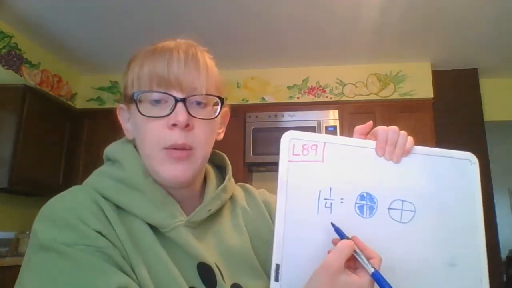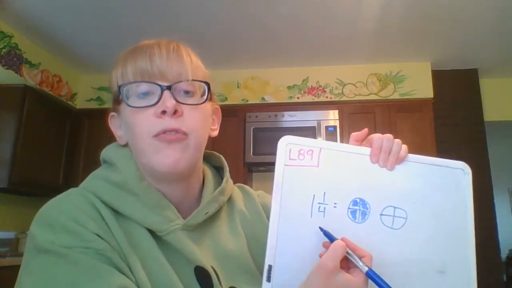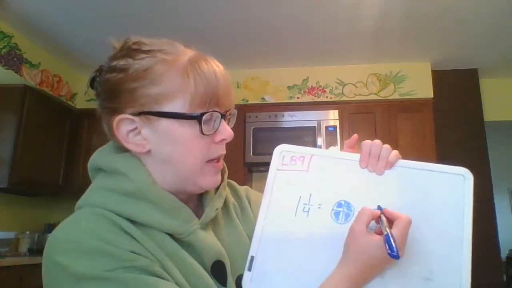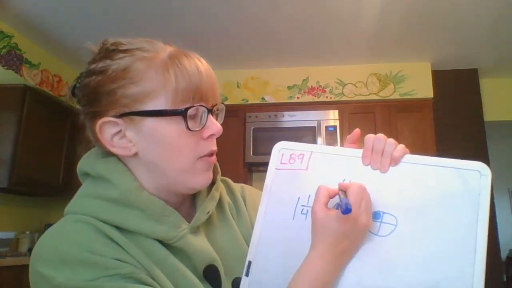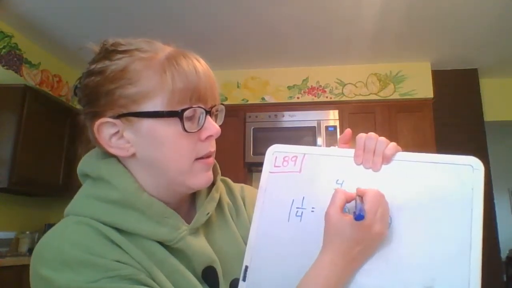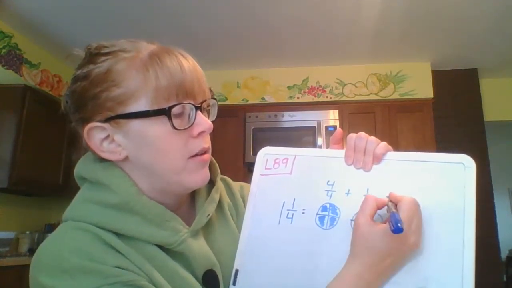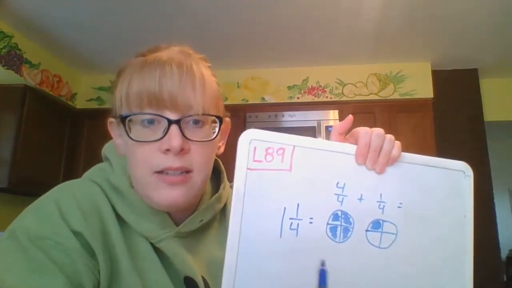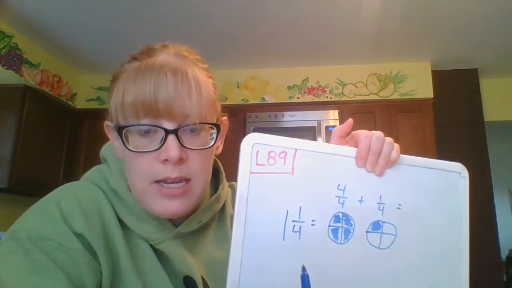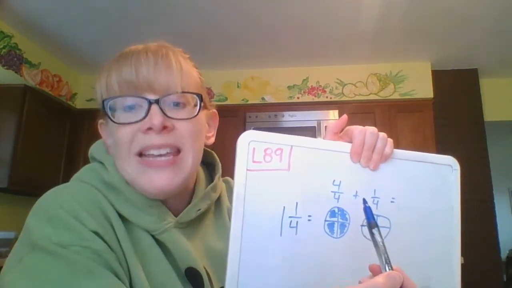So I ate 1 entire pizza, still hungry. I ate 1 of the 4 slices on my second pizza. And now I'm going to say, here's 4/4. I ate that entire pizza, plus 1/4. Remember, denominator doesn't change because I didn't change how many pieces the pizza was cut into. Both of them are cut into 4 pieces.